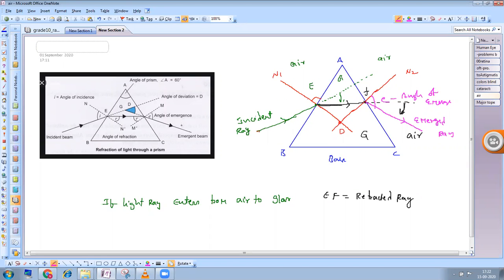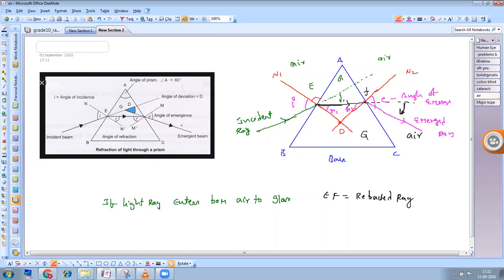The angle between the incident ray and the normal at that surface is called the incident angle. These are called refracted angles. R2 is the incident angle at AC.